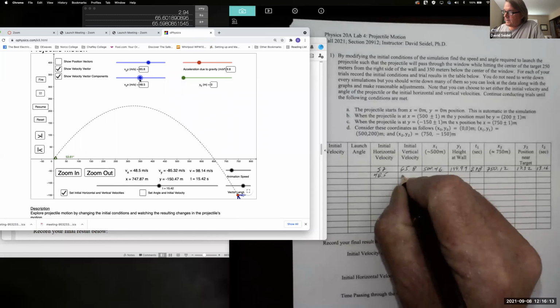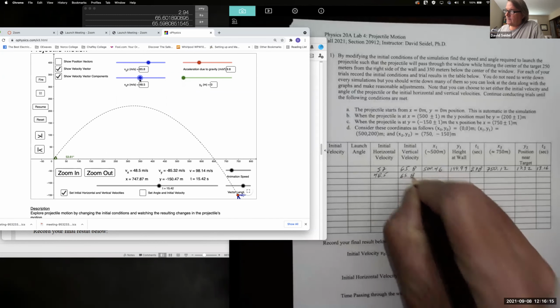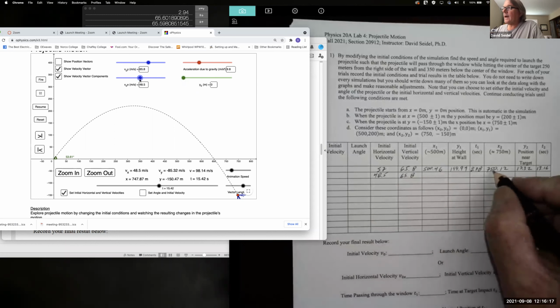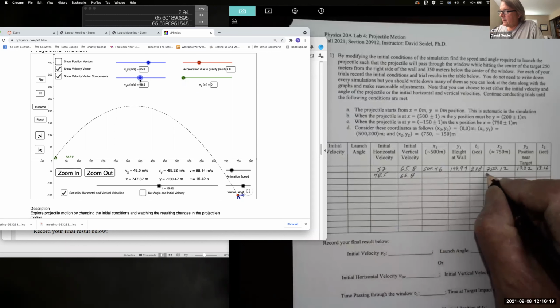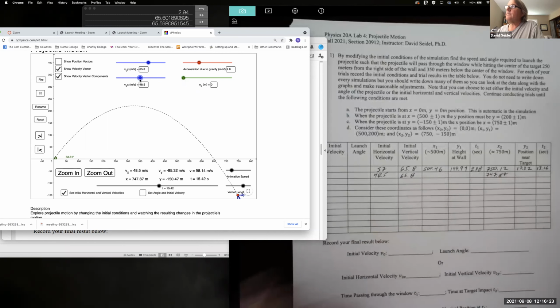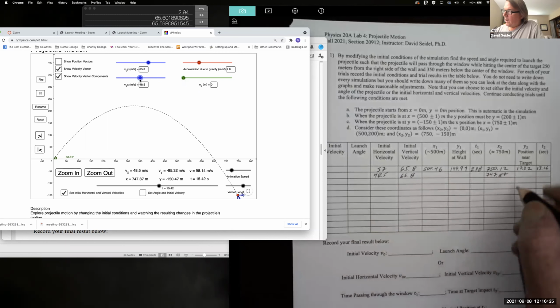And I left this at 65.8. Now my X2 is 747.87. And my Y is at minus 150.47. And it's 15.42.